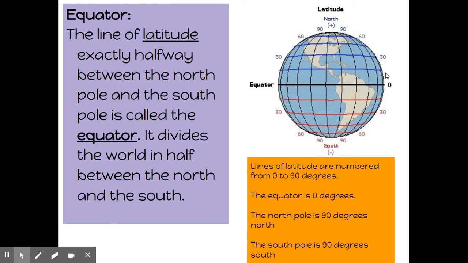And you can see that each line is numbered. There are basically 0 up to 90. So each line of latitude is a degree. The equator is 0 degrees, and it's 90 degrees at the North Pole and 90 degrees at the South Pole.